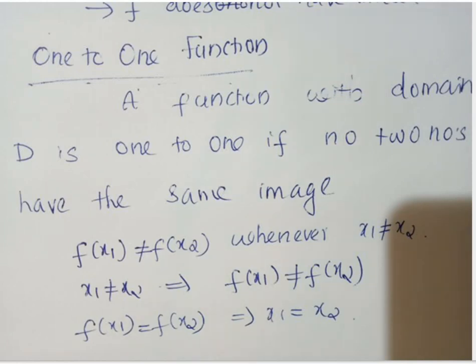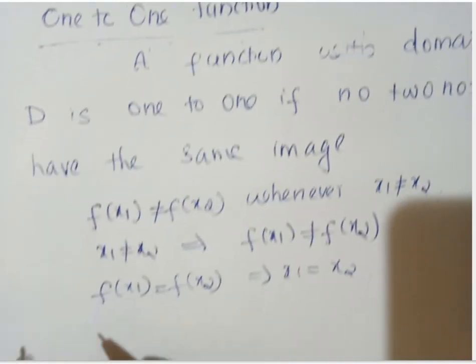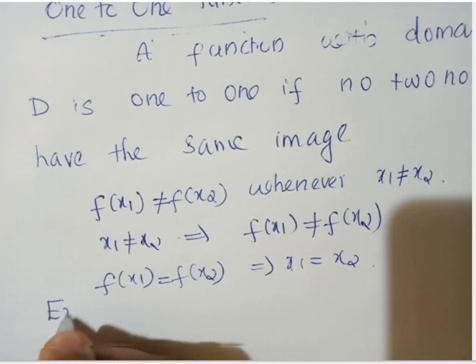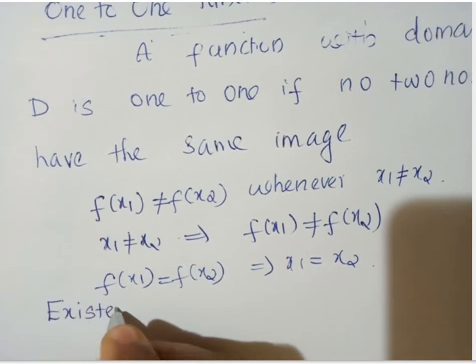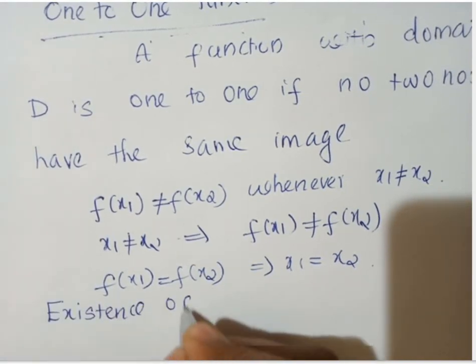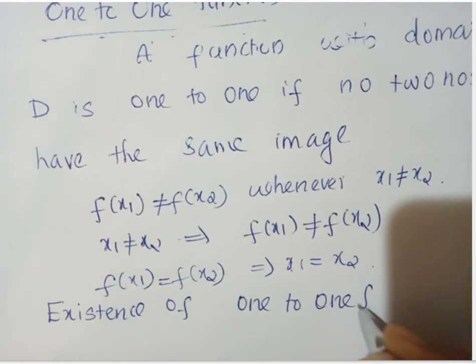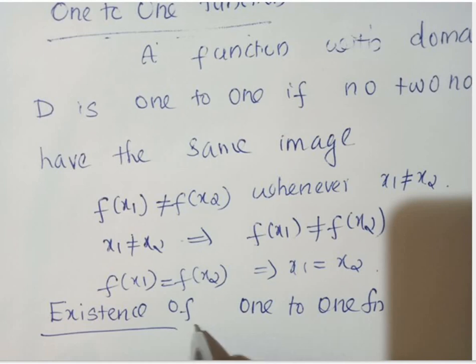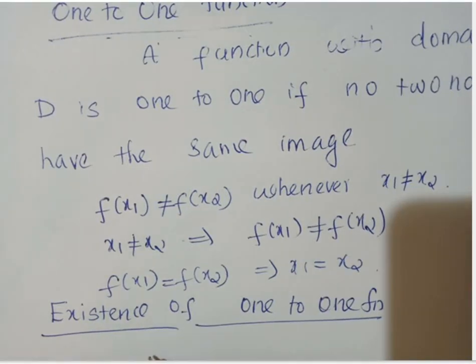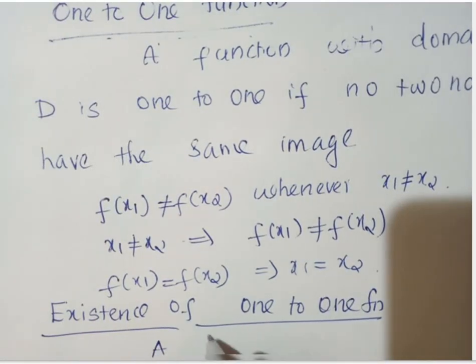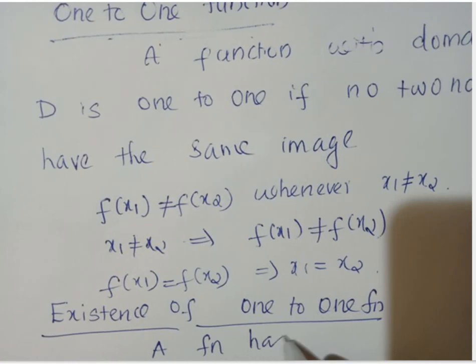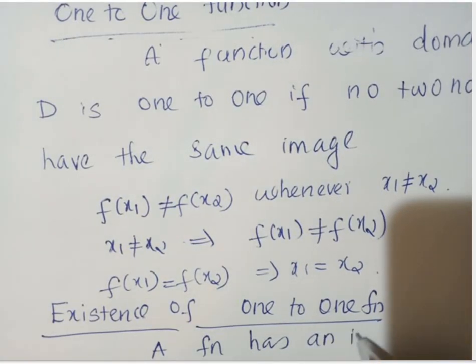Right? So next is the existence of one-to-one function. A function has an inverse, what will be the inverse?